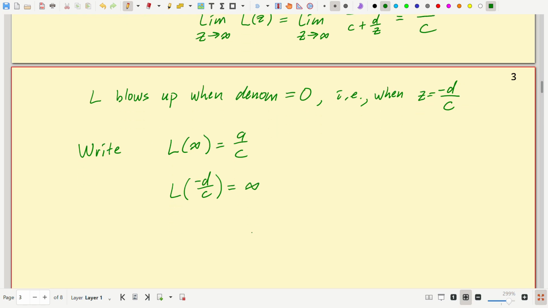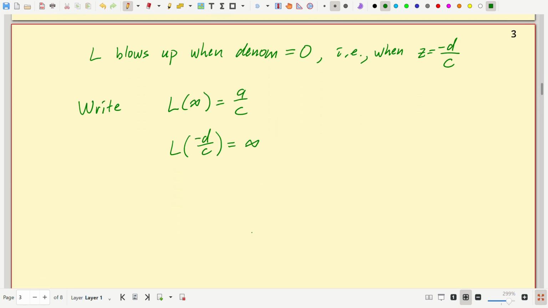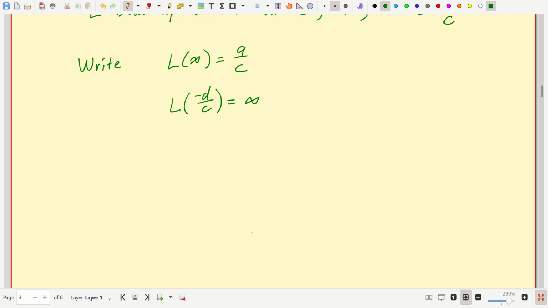That's just our convention so that we can think of these as mappings on the extended complex plane, the Riemann sphere.